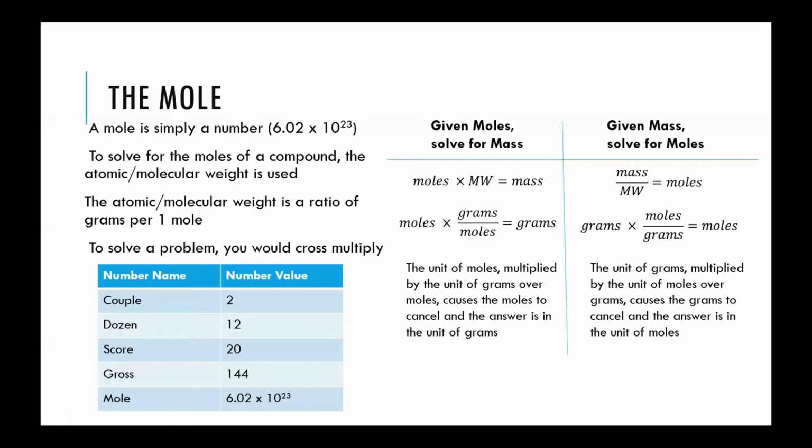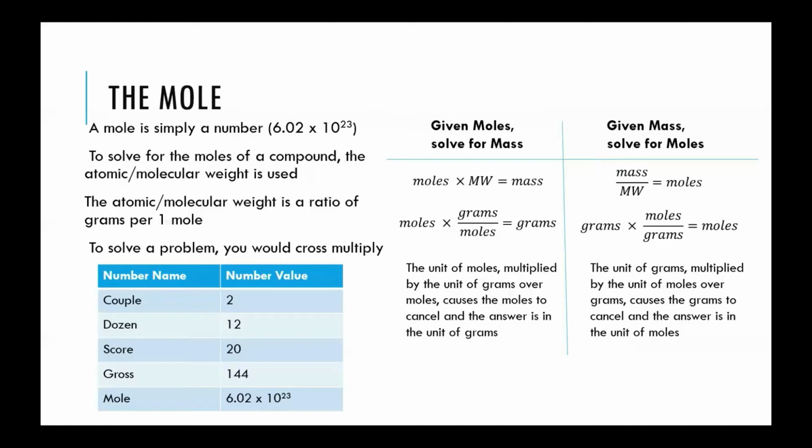So it uses the chemistry concept of the mole. And a mole is a number. So just like you can have a couple, which is 2 of something, you could have a dozen or 12 of something, a baker's dozen of 13. You can have a mole of something, which is 6.02 times 10 to the 23rd.